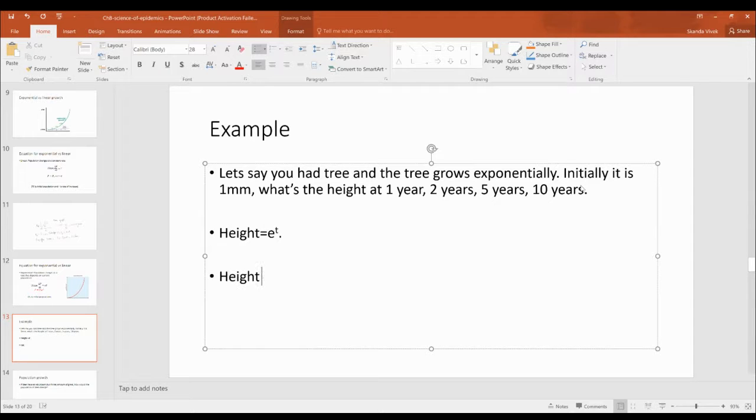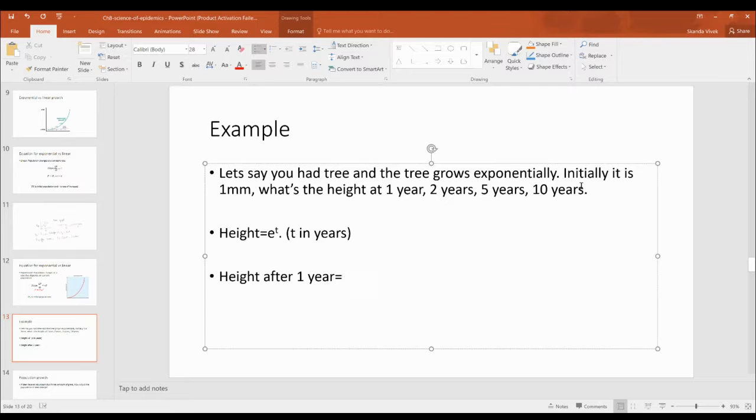So what's the height? Can somebody calculate that and tell me what the height is after 1 year? At 0 years, initially it's 1 millimeter, right.